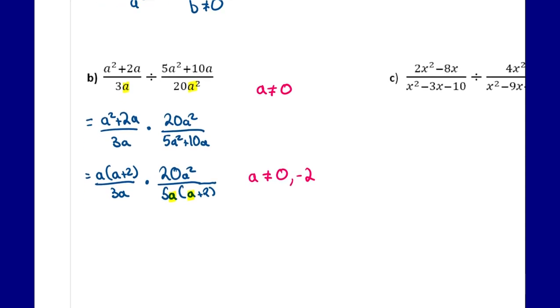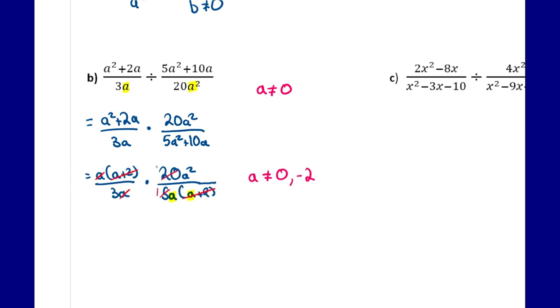I've already flipped it, and I've factored it. Now that I flipped it into multiplication, I can look to cancel out. I do have an a plus 2 on the bottom and an a plus 2 on the top. I can cancel that out. I do have an a and an a that are being multiplied, so I can cancel that out. I have a 5 and a 20. I can cancel those out.